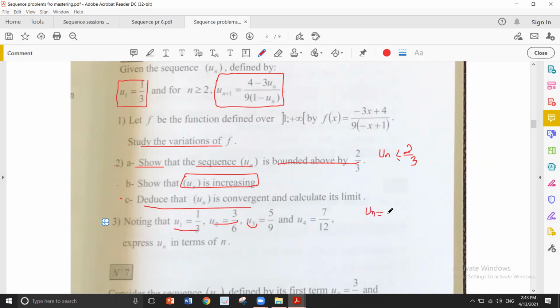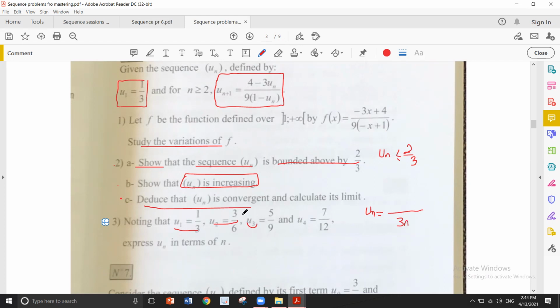Notice the denominators 3, 6, 9, 12, multiples of 3. 3 is 3 times 1, 6 is 3 times 2, 9 is 3 times 3, and 12 is 3 times 4. So the denominator of un is 3 times n.